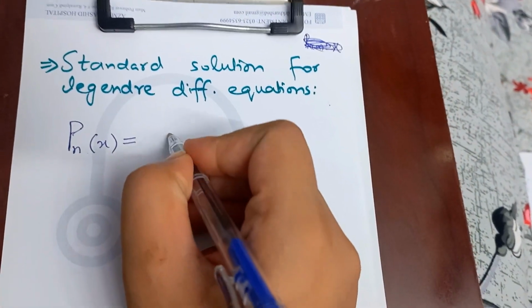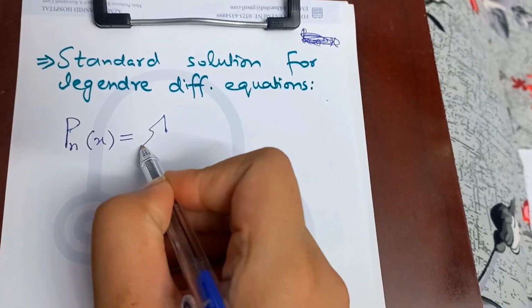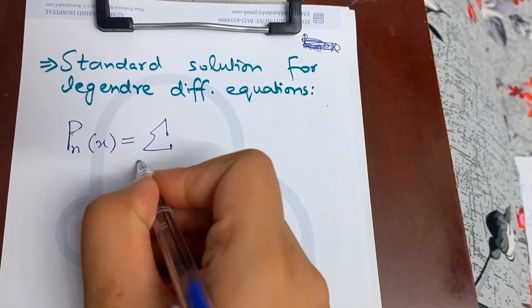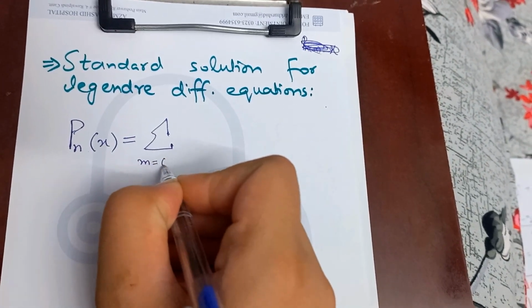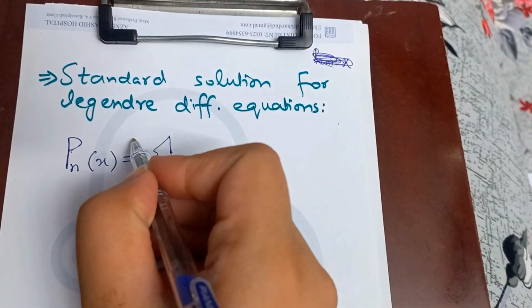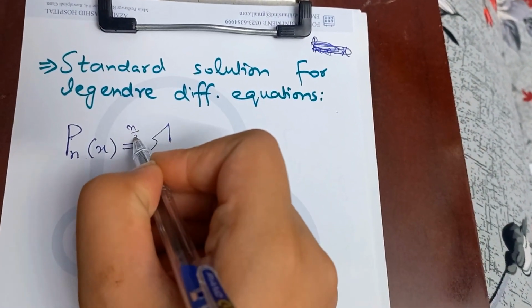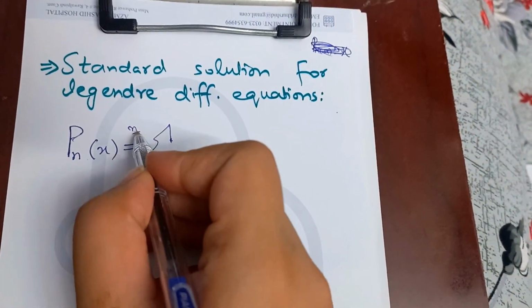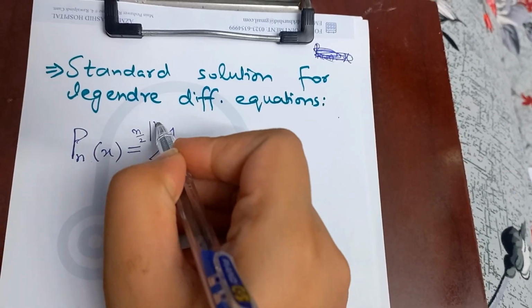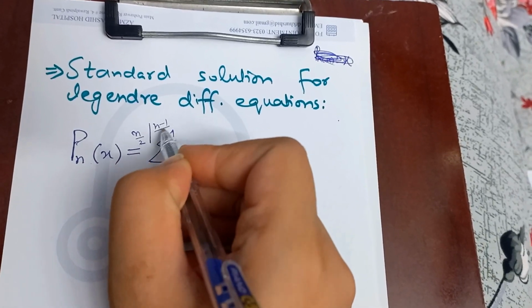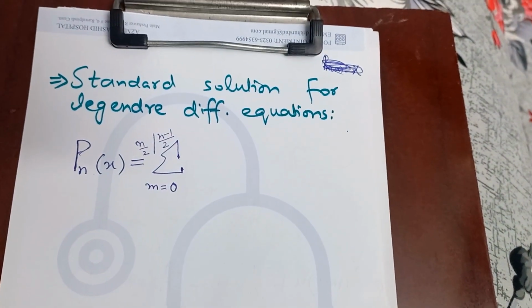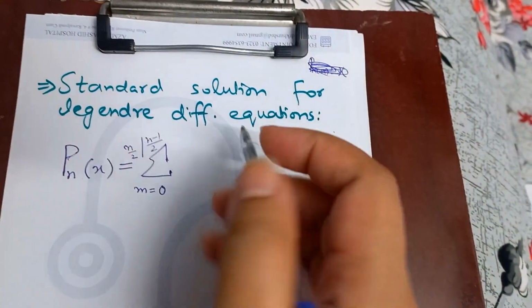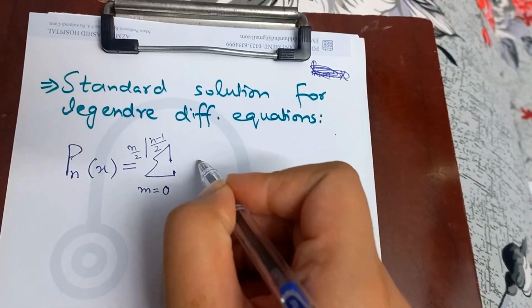And the solution is the summation sign from m equals 0. I'll make you understand this, just trust me. m equal to 0 to n by 2 or n minus 1 by 2. I'll make you understand why I have written this.